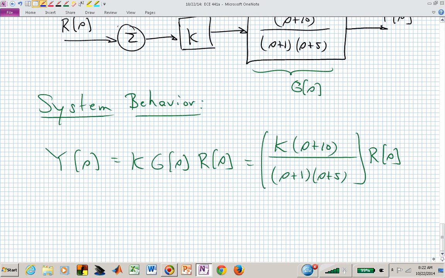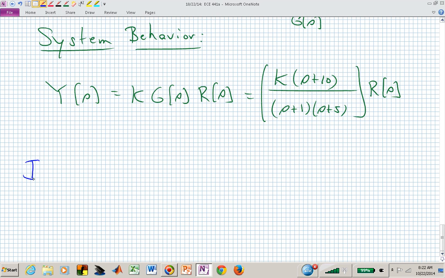Now they have to tell you what R is, don't they? In order for you to tell them what Y might be. If R of t, let's say little r of t, is a constant, what does that tell you about R of s?